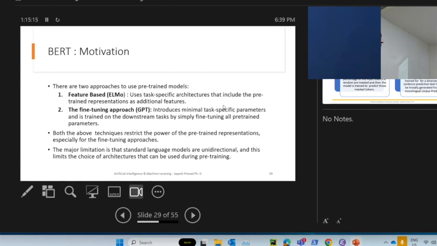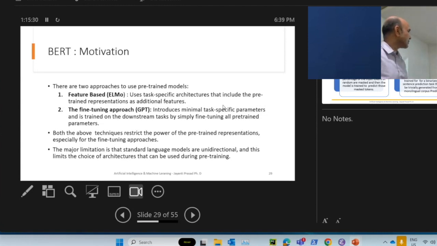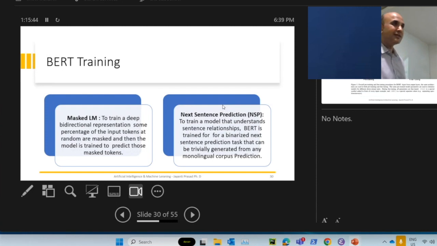GPT and BERT came almost at the same time in 2018. In fact, GPT came before, but at that time BERT made more noise. Both techniques restrict the power of pre-trained representations, especially the fine-tuning approach. The major limitation is that standard language models are unidirectional, which limits the choice of architecture during pre-training. So GPT is still unidirectional and BERT is bidirectional.